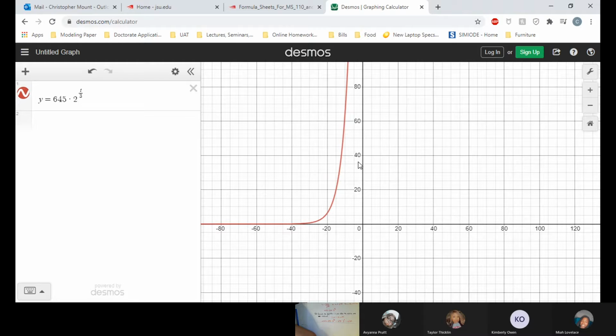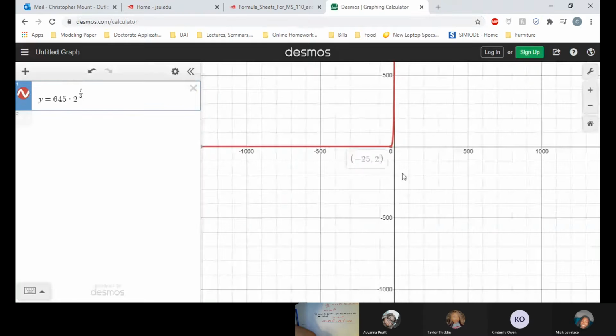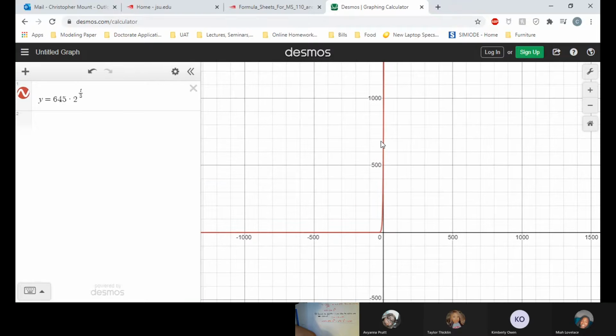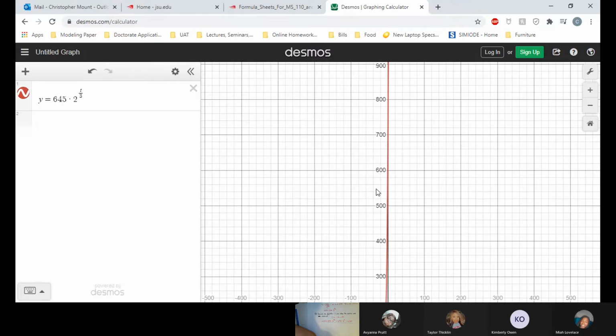The thing is, we're still not seeing anything meaningful here, because notice that my independent variable is time. Time does not go negative, right? So I really don't care about anything happening on the left. I really want to know what's happening on the right. So I need to go up to that initial point of 645.